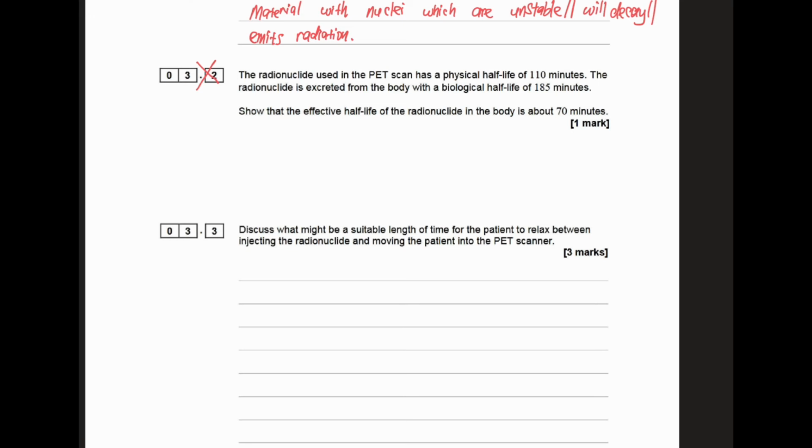So, since the effective half-life is 70 minutes, the time should be between 10 minutes to 70 minutes.